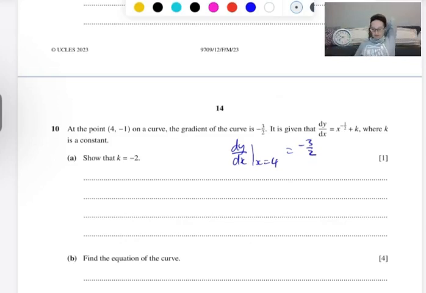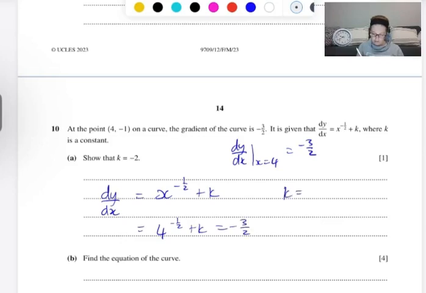All right, so they've given us dy/dx. Okay, and that's x to the minus a half plus k. So now I know when I plug in my 4, my answer should be minus 3 over 2.